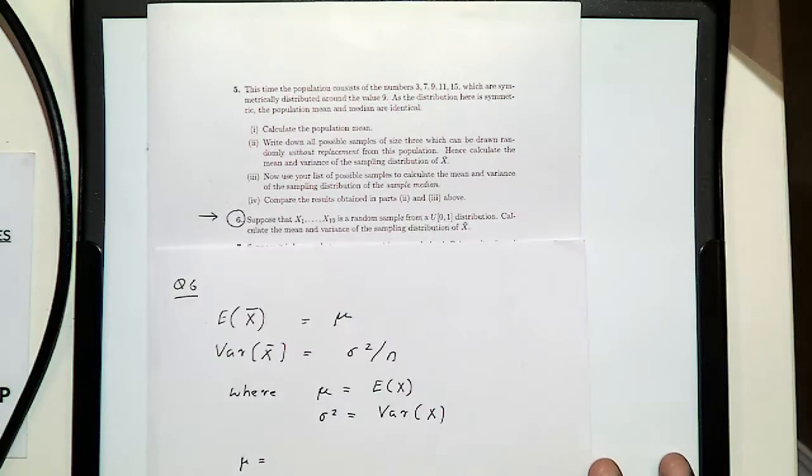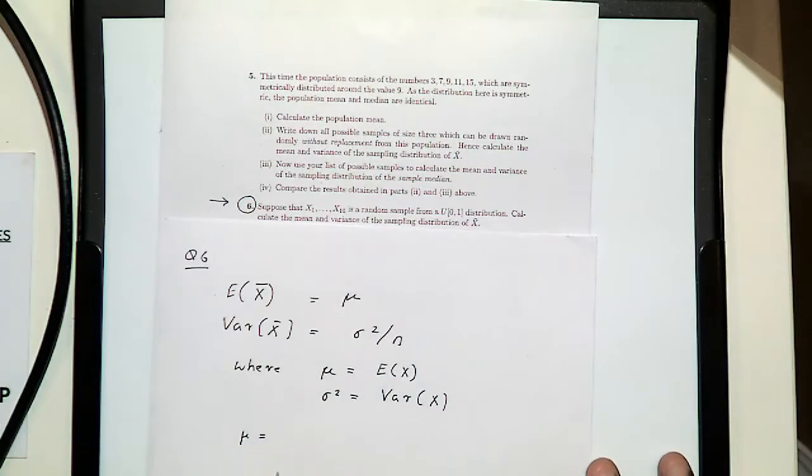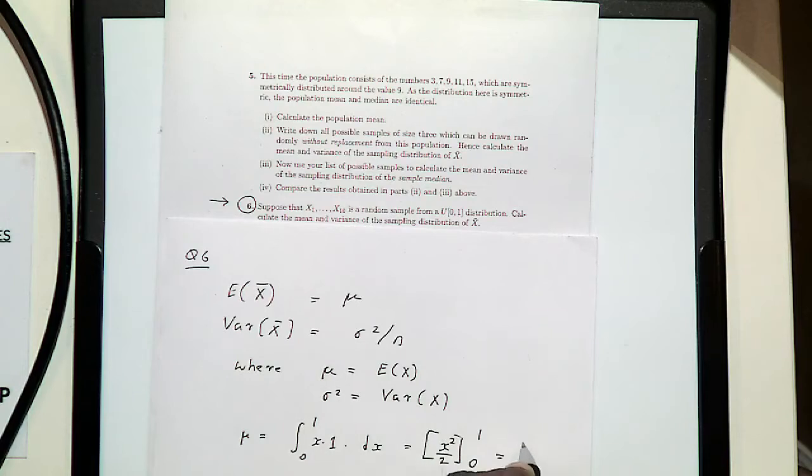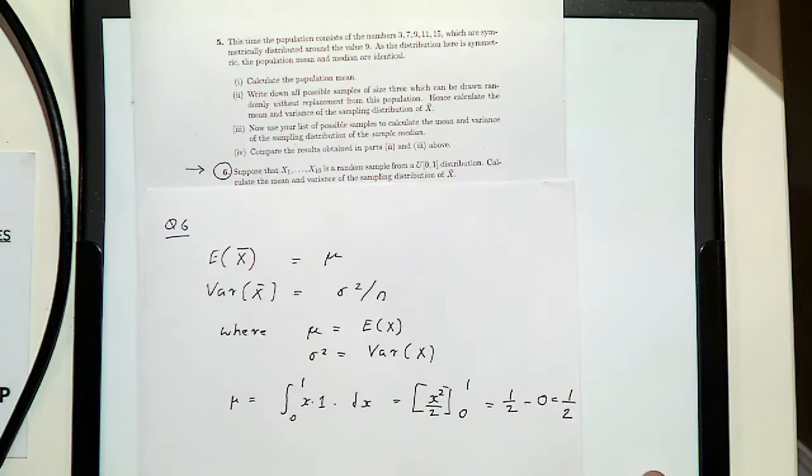If it is uniform 0, 1, it's going to be the integral from 0 to 1 of 1 dx, which is x, taking the limits from 0 to 1. So it should be x times 1, so it's x squared by 2, so this is going to be half minus 0, so your mu is equal to half, right?